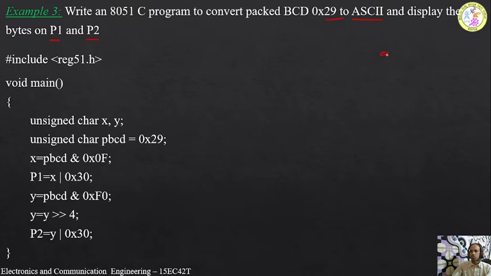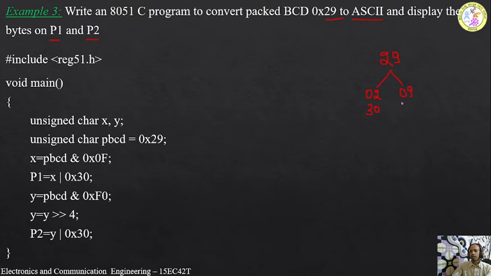We know the procedure for converting packed BCD into ASCII. So this packed BCD is initially converted to unpacked BCD. How to do unpacking? Write 02 and 09 separately. So this is called unpacked BCD. This is called packing, and this is called unpacking. Now add 30 to it.